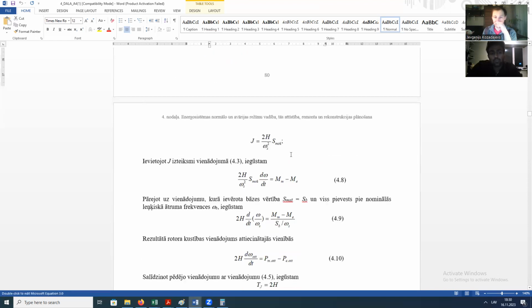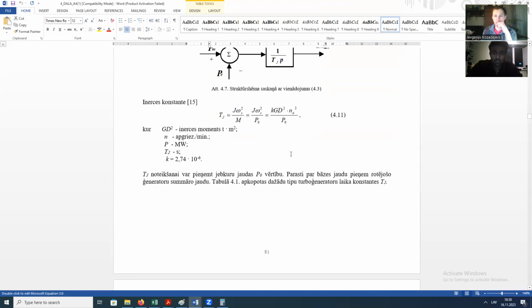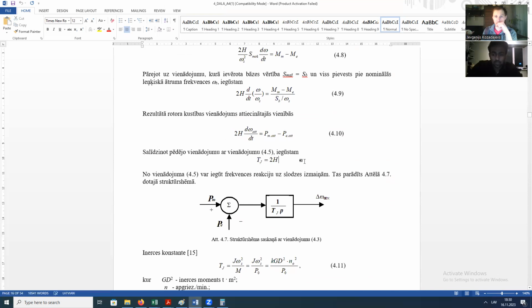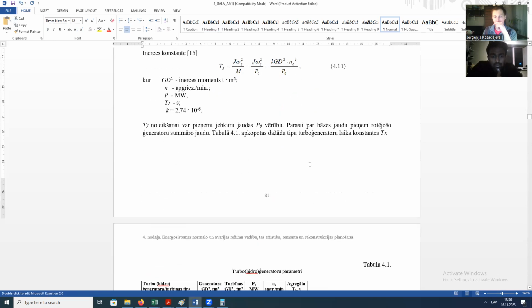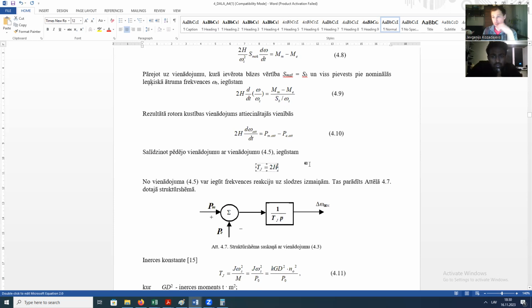These values: if we talk about H, it means that T is twice bigger because of different units. So this is the main dependence between T and H.